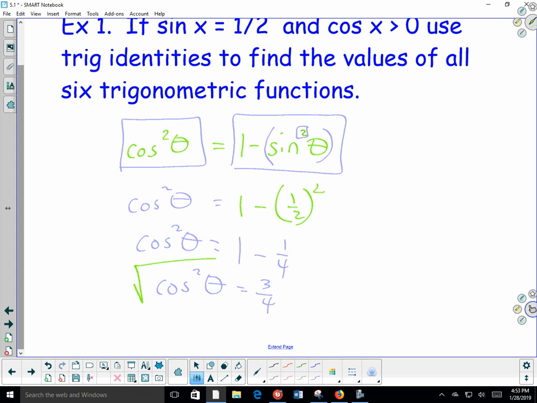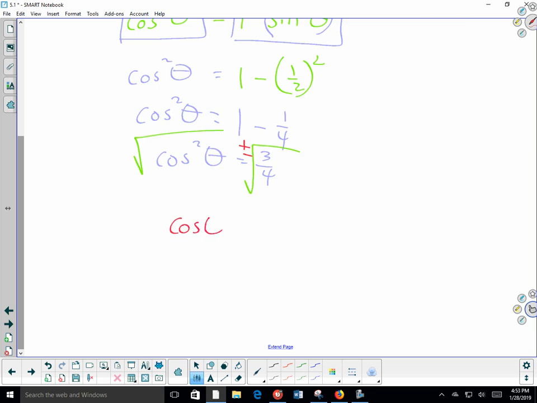I need to take the square root of both sides, and that means I need a plus or minus. Very important here. So cosine of theta is equal to plus or minus square root of 3 over square root of 4, and the square root of 4 is really just 2, so plus or minus square root of 3 over 2.